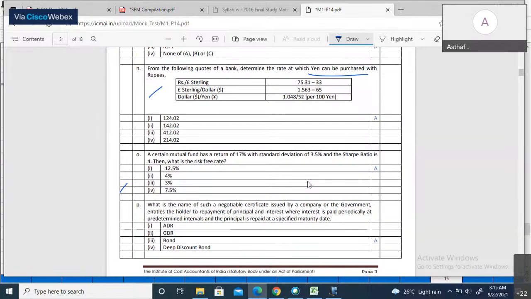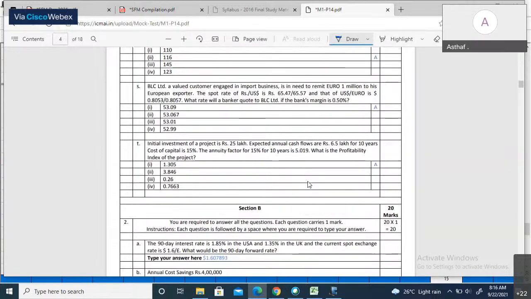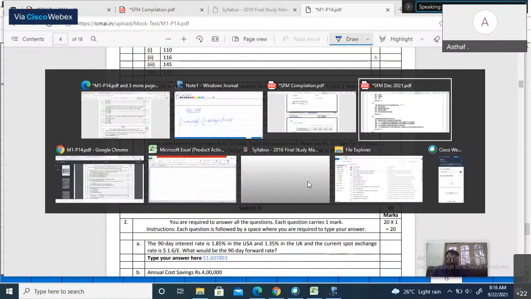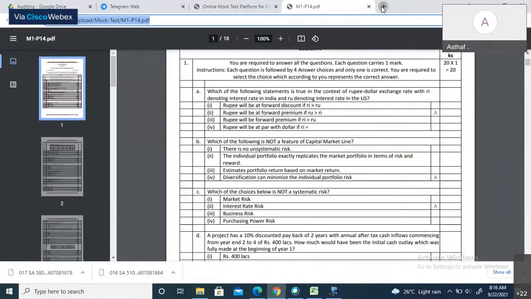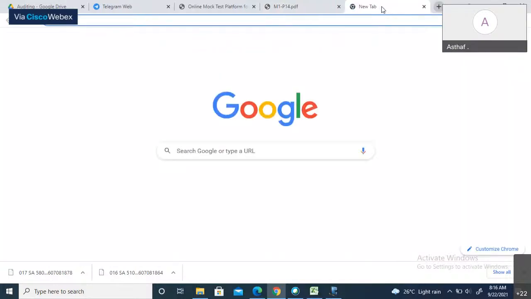So my dear friends, what I want to tell you is, practice all these. I think ICMA is also releasing MCQs.